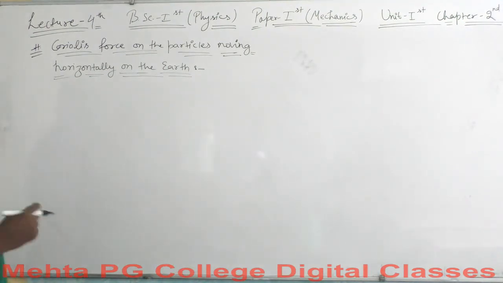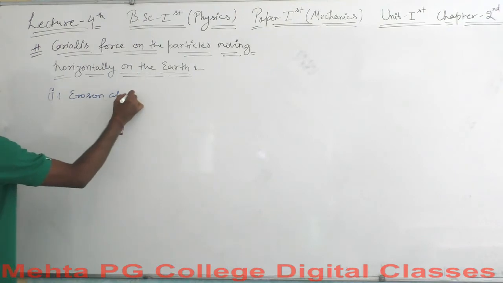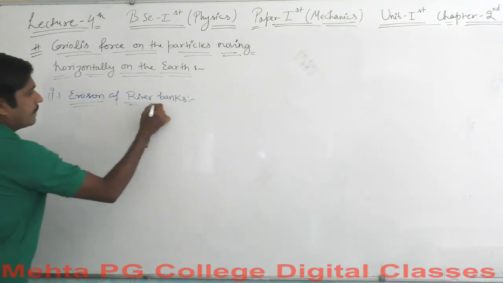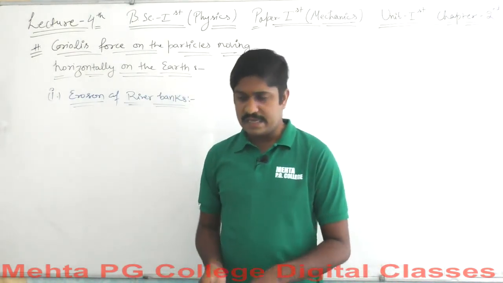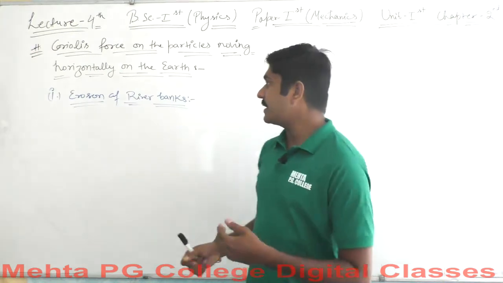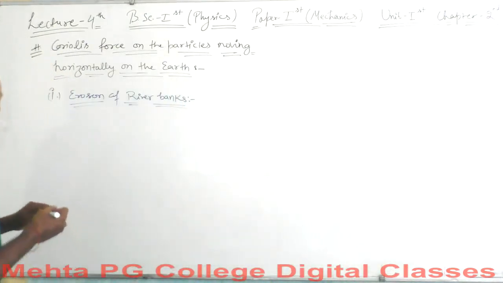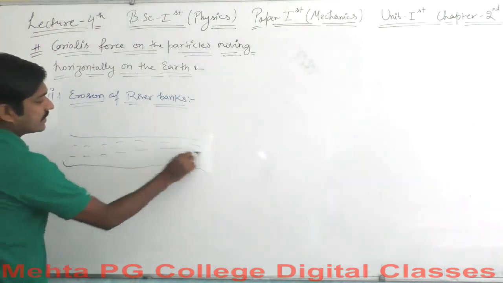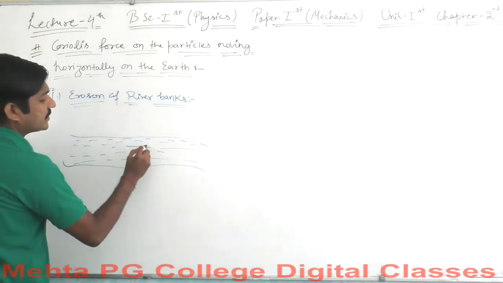One thing it says is the erosion of river banks. If you see any kind of natural river, or some little rivers in your city or in your village, you will get to know that for every river, let's say this is a natural river here, which is flowing in this direction.